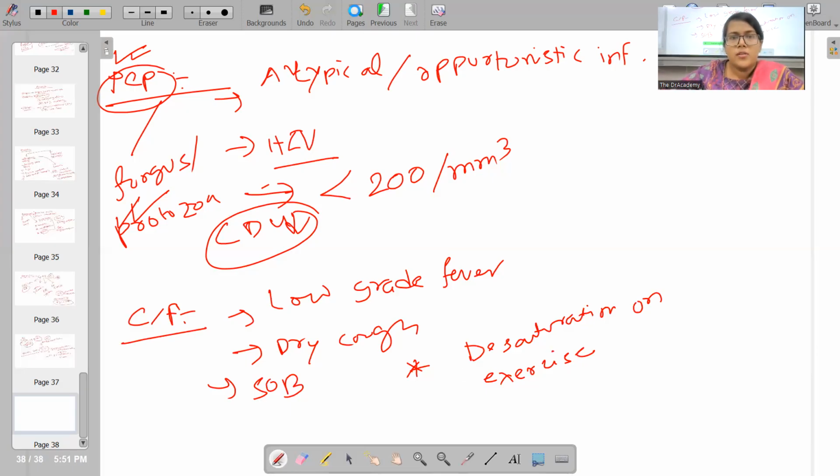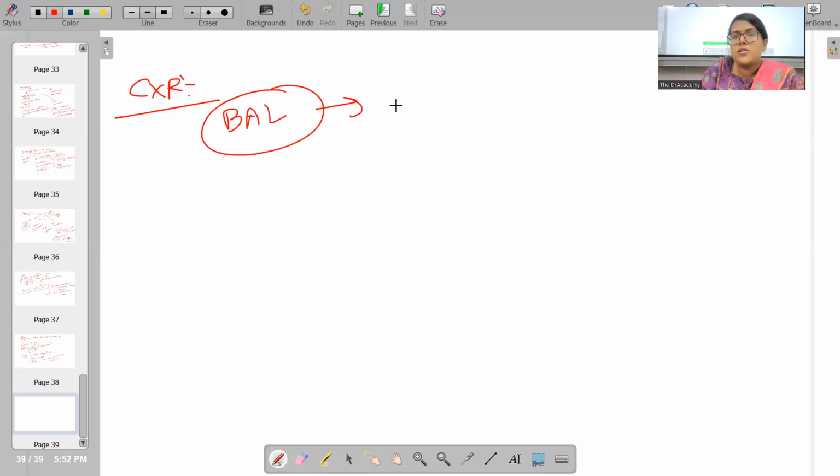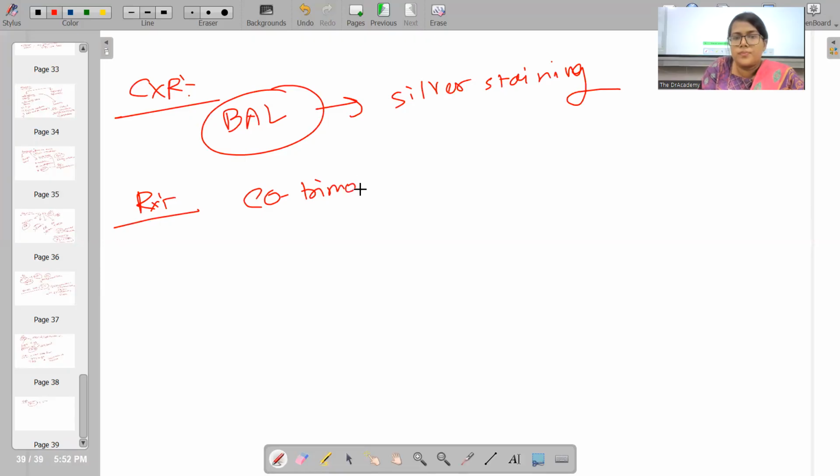All right. So in the chest x-ray, it will show bilateral pulmonary infiltrates, and sometimes it can also be normal. For diagnostic purposes, you should go for a bronchoscopy guided bronchoalveolar lavage and consider silver staining to detect this PCP organism, okay? Now the treatment is basically co-trimoxazole, okay, or IV pentamidine.